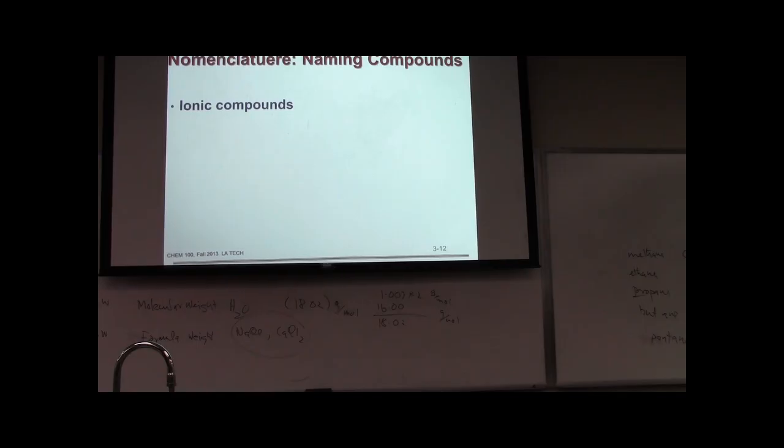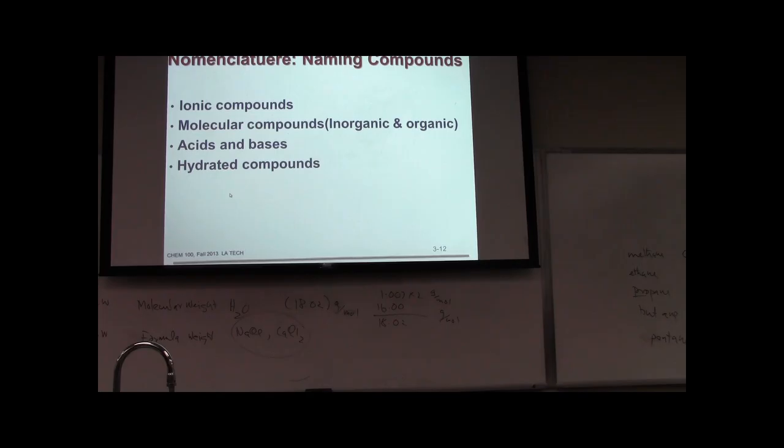Ionic compound, molecular compound. Some inorganic compounds are covalent compounds. Sulfuric acid, H2SO4, that's a covalent compound. HCl, hydrochloric acid. Organic includes halogens, alkanes. Acids and bases, like ammonia. Hydrated compounds: sometimes you have a water molecule trapped in the solid.